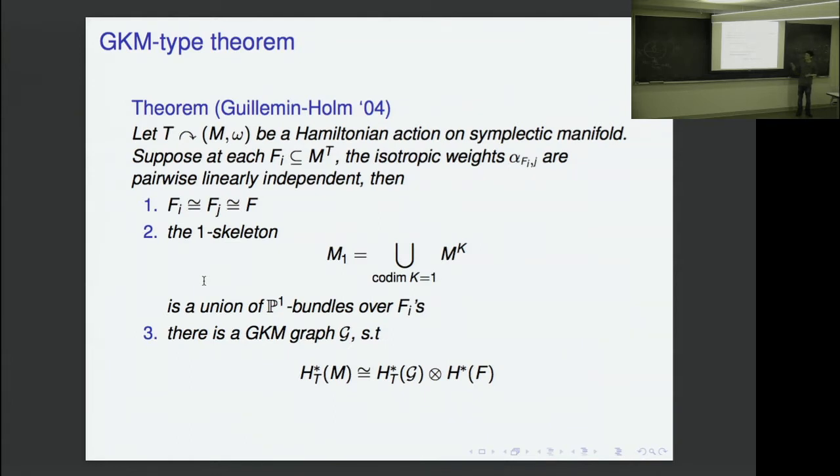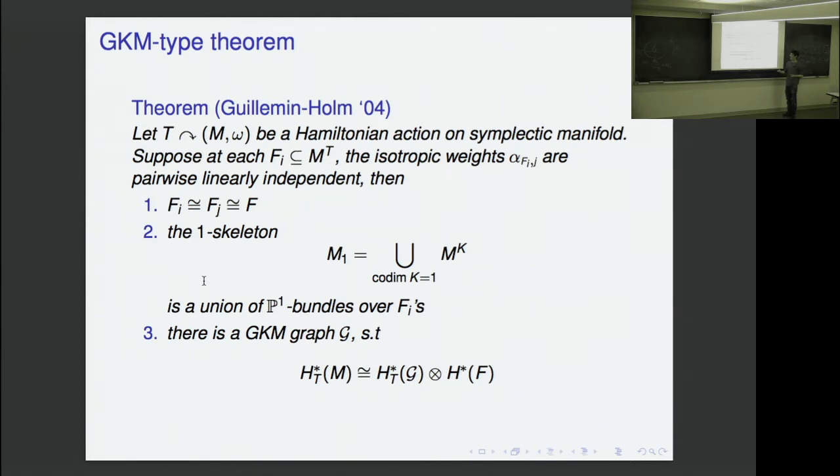And then the theorem of Guillemin and Holm is that if we take any connected components inside the fixed point set, all these connected components are diffeomorphic to each other, and so we can denote this by a universal one, say F. So that's the fixed point set.